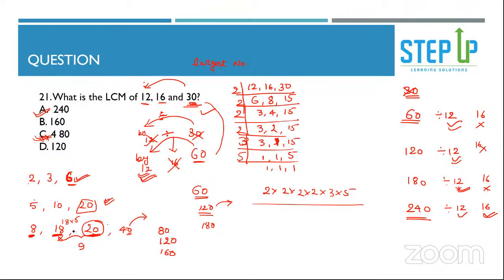So we need to look at the numbers also, how the numbers will be. 18 and 20 are very close numbers. 180 will be the LCM of 18 and 20. And now we need to think about 8 and 180, the common factor of 8 and 180.